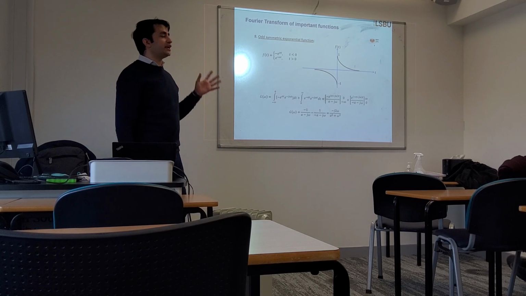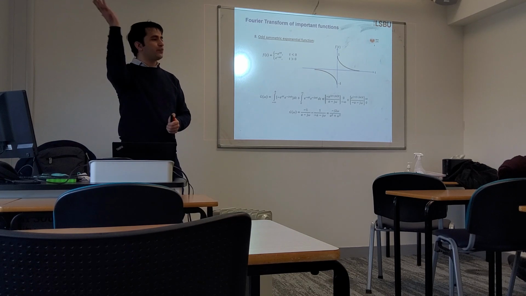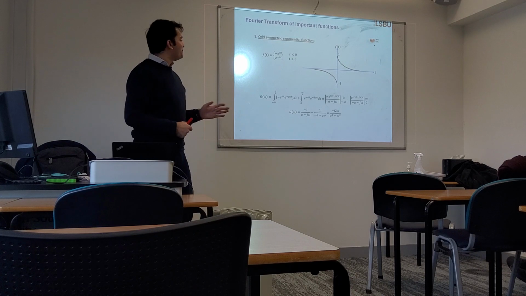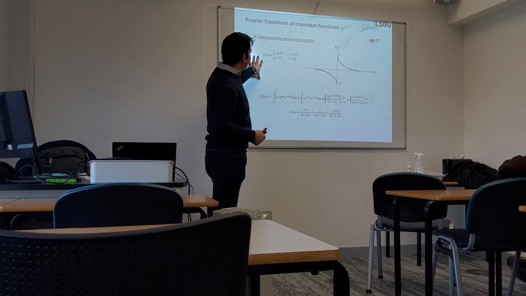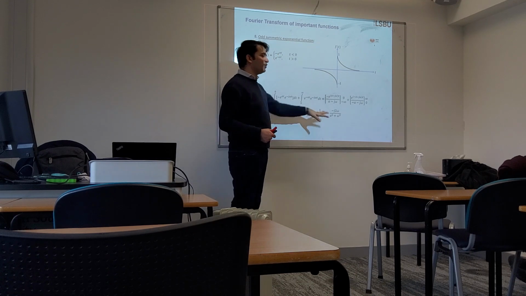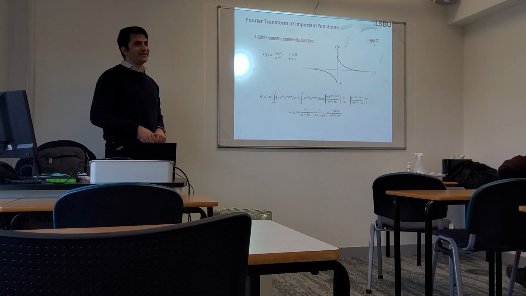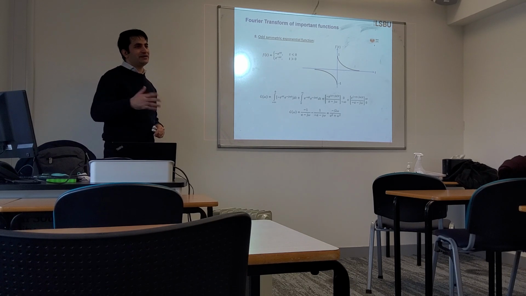So it's very important that if at some point in your life you need to calculate it, you know how to do that. But otherwise, if for example you have the Fourier transform for e power minus at, we know how we're going to calculate it. But I will never give you such difficult things to solve which are beyond time.